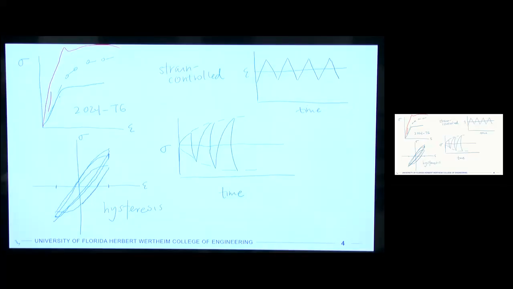And it has that little nose, and then it goes over like this. But the cyclic stress-strain curve is lower. So this would be like for, let's say, an SAE 4340 steel. And the y-axis on this is not to scale. Steel has a much higher yield strength than aluminum.